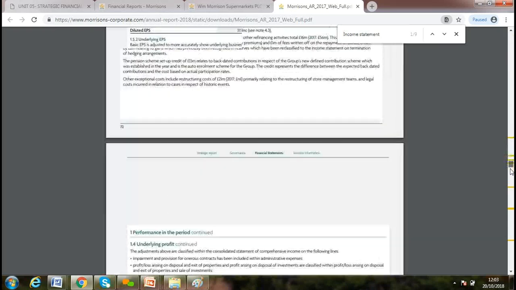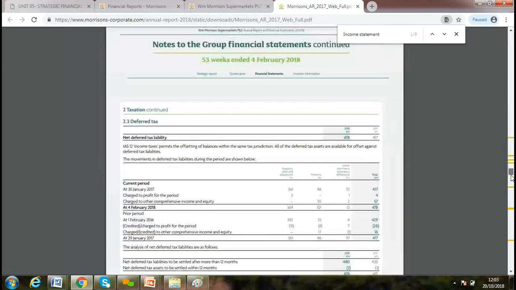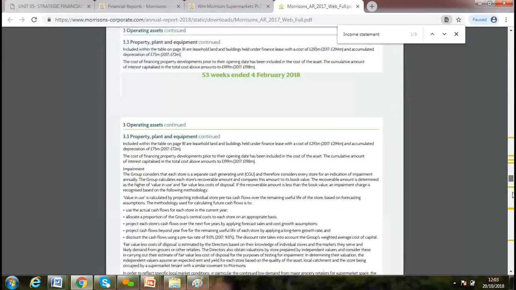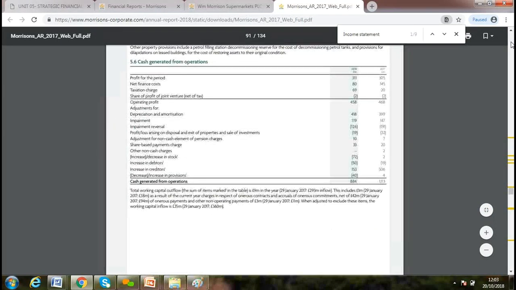You can also go through the table of contents of this report, which shows you the page numbers.